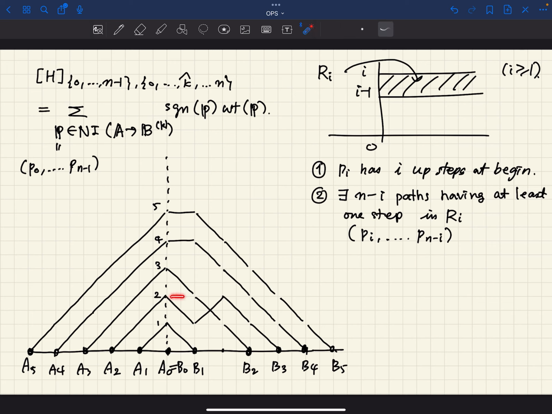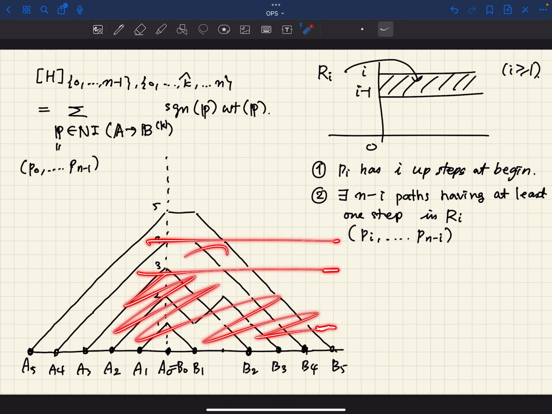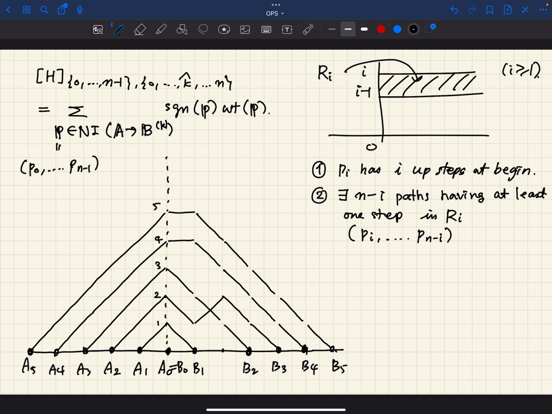So for example here we have only these paths having steps in this region, because these things cannot have a step over here, but they have to go somewhere in this region. So that's what it means. It's just a simple observation. And this is an interesting thing.